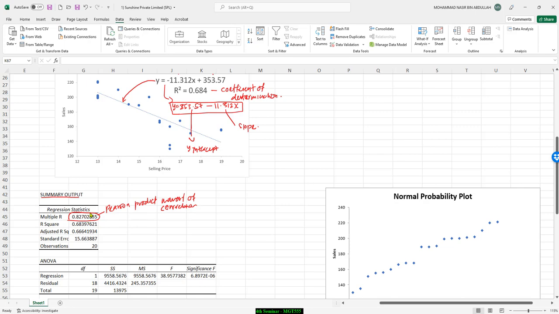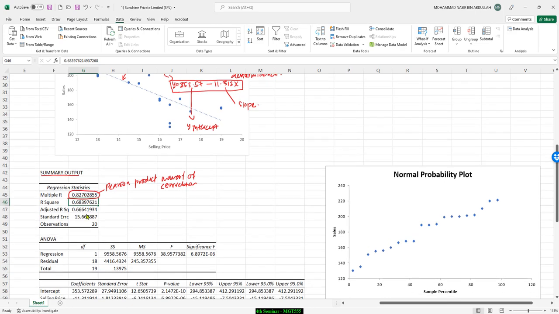It means that it's a strong negative linear correlation. And the R squared is the coefficient of determination yang kita dapat tadi. And this is adjusted R squared, standard error, observation. We're not going to interpret this one, but we understand there are 20 observations.